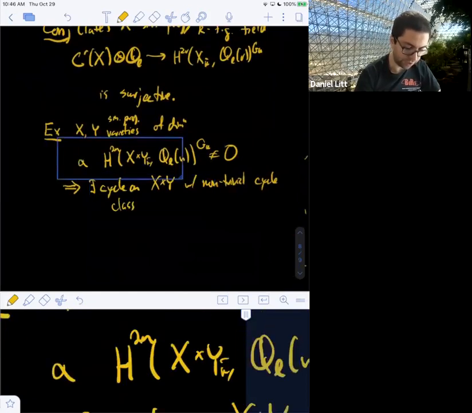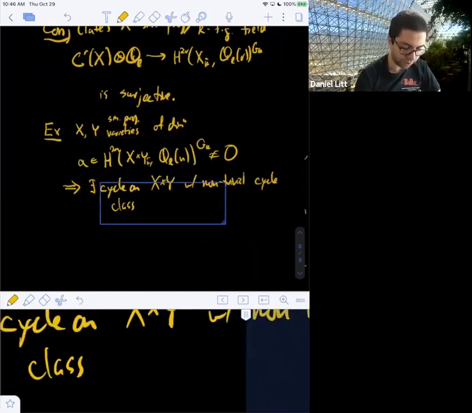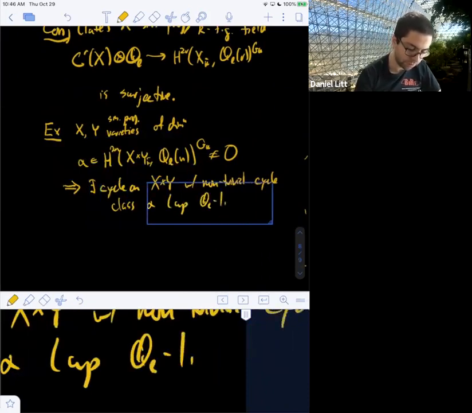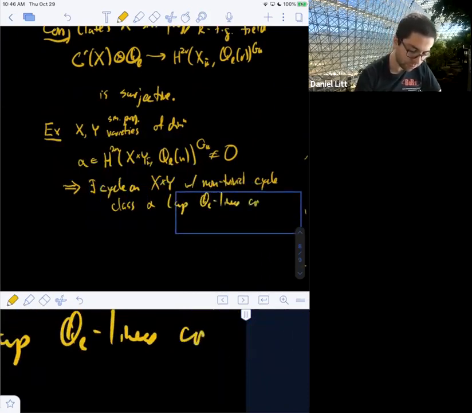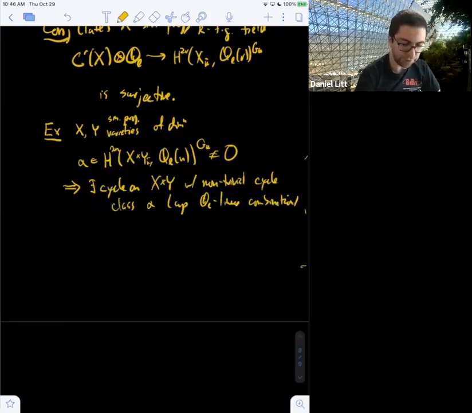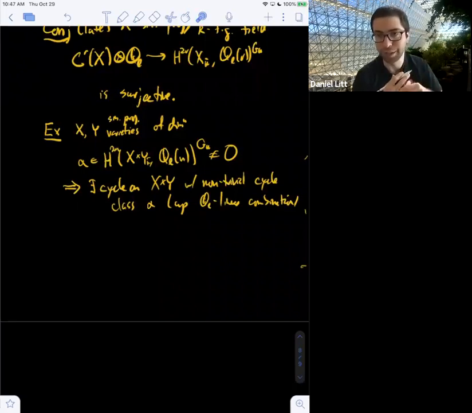Suppose we have alpha in here, a non-trivial cycle class alpha, up to some Q_L linear combination. In particular, if you think of this alpha as a map on cohomology, which I haven't quite told you how to do yet, the easiest way is to use Poincaré duality, which we'll see soon, then the statement is that the map is induced by a cycle.